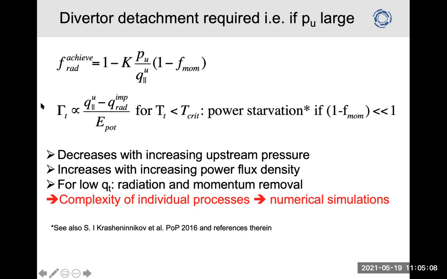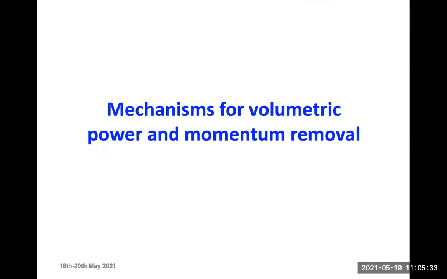Let's say the particle flux to the target is then governed by something that limits it. Let's start from this side. This is called the recycling flux. Let's try to be a bit consistent here.